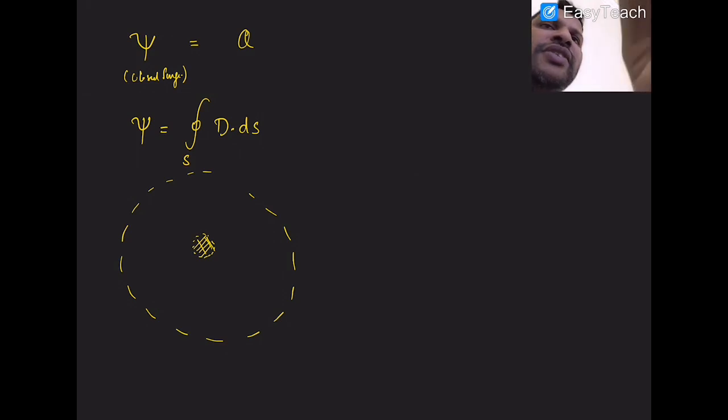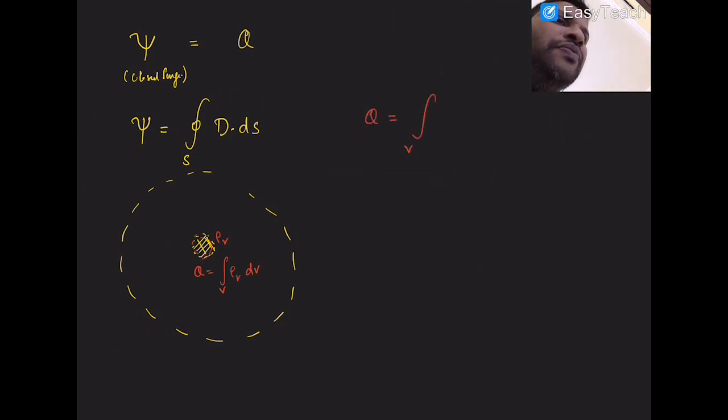And let us assume that the charge density of this inner metal sphere is ρv. Then what will be the total charge? The total charge will be equal to the integral of ρv, that means ρv is the volume charge density, into dV over the volume. So I can get my Q as the integral of ρv into dV.